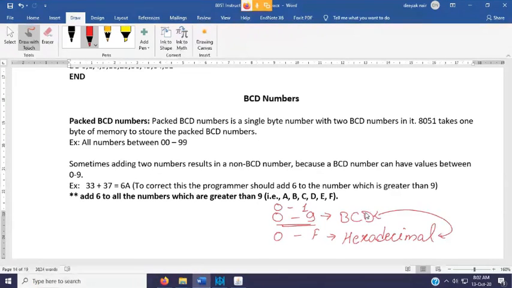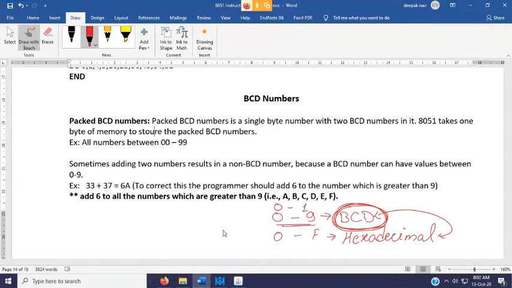BCD numbers are very commonly used in day-to-day life. That's why there is a focus always on every embedded system to provide some facility so that the user can use BCD notations or BCD numbers itself.